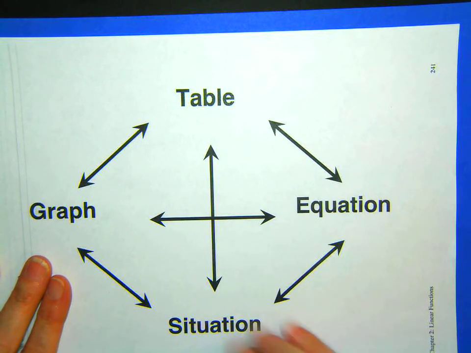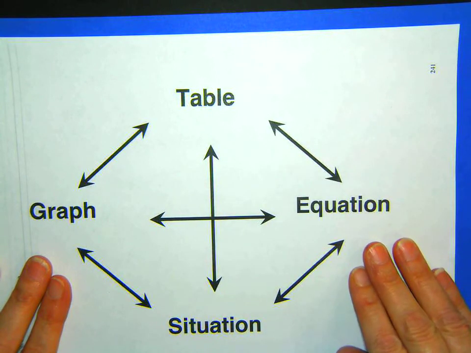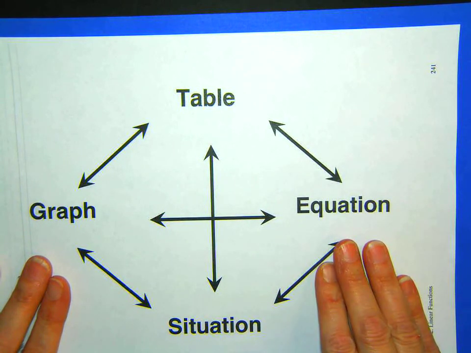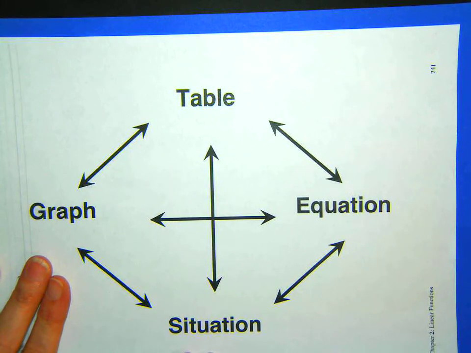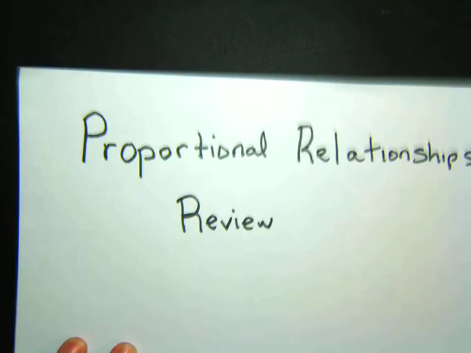Also, presenting that situation in a table and in an equation. Throughout this whole unit, this graphic is something you can bring back and say, what did we do today? Oh, we took an equation and we figured out the graph. We took a situation and we made a graph or a table. So that will be a nice reference point.